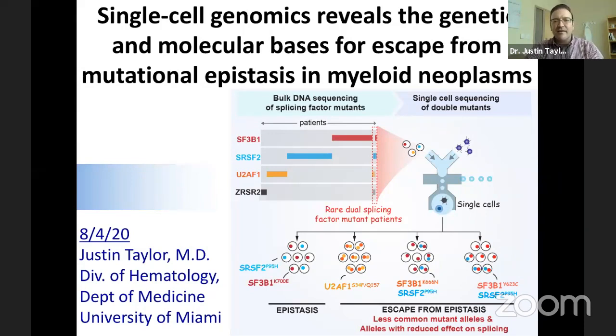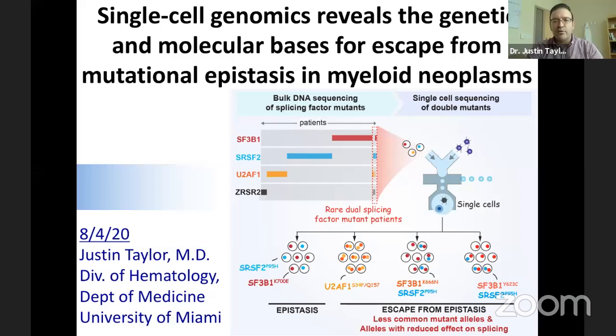So from my title slide, which was nicely introduced, you can see the overview of what I'll talk about today. When you look at bulk DNA sequencing of splicing factor mutations, they tend to be not co-occurring, or actually mutually exclusive. However, there are some rare patients that have more than one.